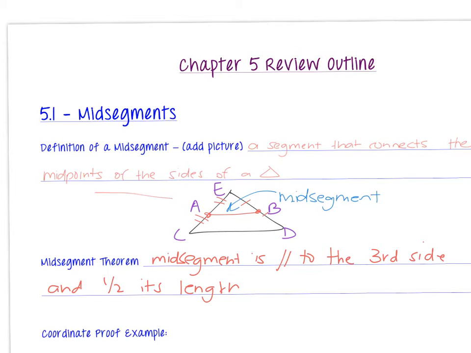So if I'm using the diagram that's there, that means that AB equals 1/2 CD, and AB is parallel to CD.